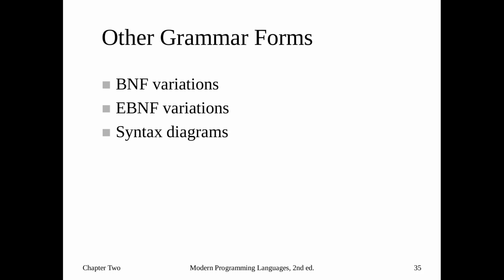There are different variations of BNF that are just more to make it look pretty, but there are also extensions to BNF, which we call extended BNF, and then there's another form called a syntax diagram.